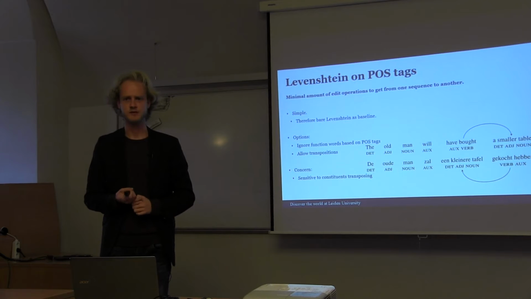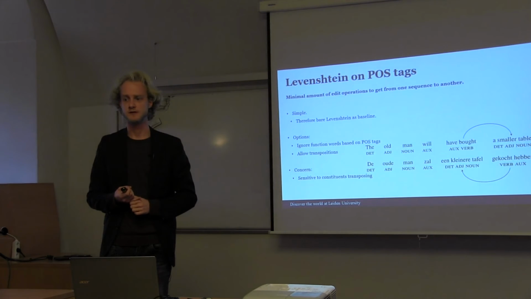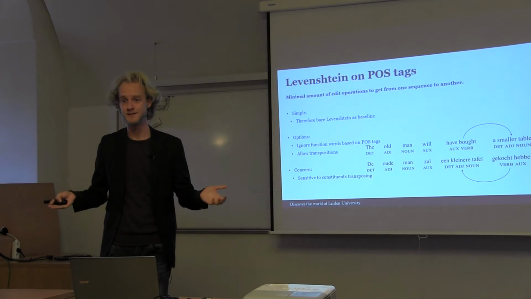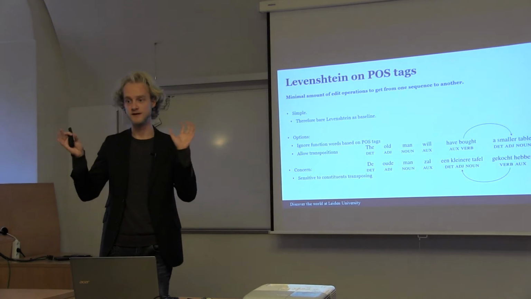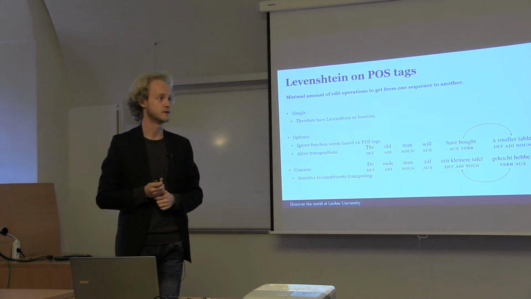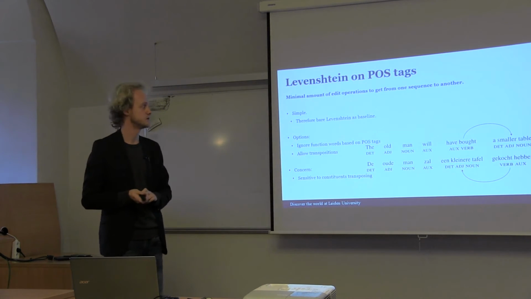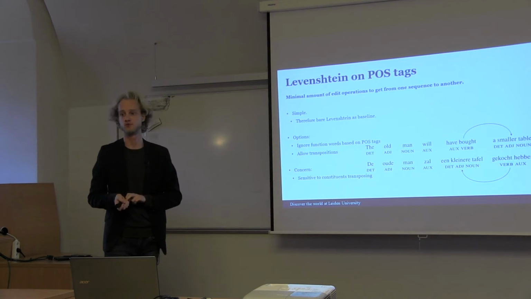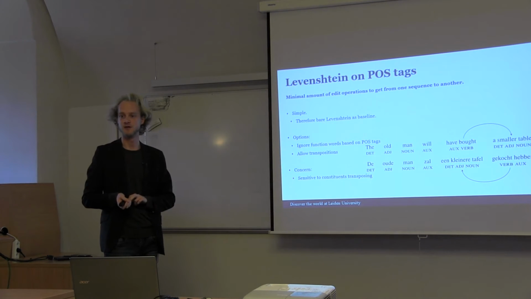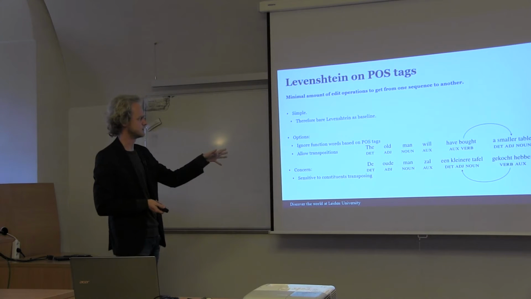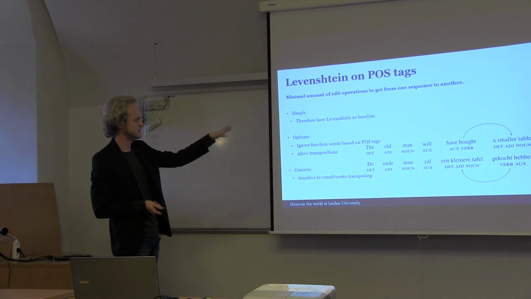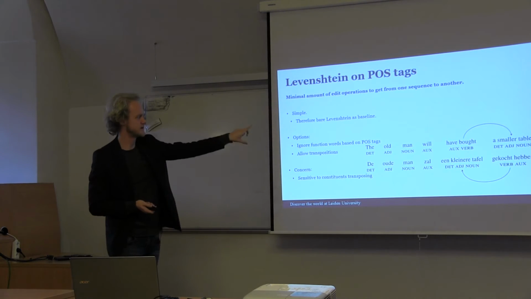There's one big concern, of course, with the Levenshtein distance. Levenshtein distance is just completely linear, which means that if there are big phrases moving around, if you're comparing an SVO language to an SOV language, you might end up with a problem if big chunks move around. So, for example, if you take English and Dutch, there's 2 phrases moving around.